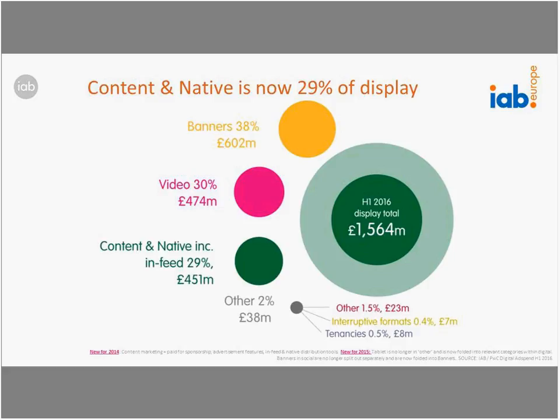The other numbers to look at on this breakdown of display is video at 474 million, which is a very similar figure to the 451 million. If you consider that is the first half year, and additionally the second half of the year produces higher ad spend, it is quite likely that we will be approaching the 1 billion mark for spend across content and native, which includes in-feed.